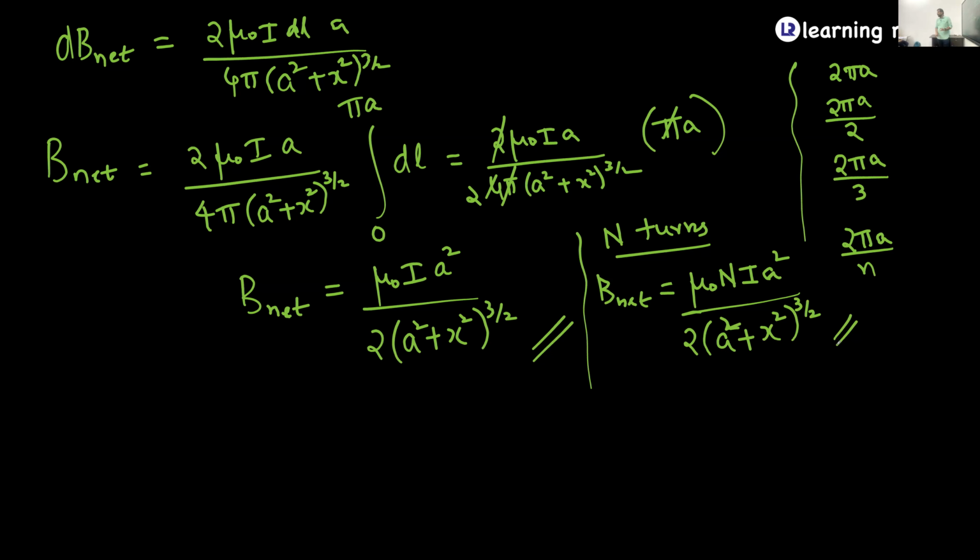So all that you need to do is multiply this expression with the number of turns. Is that clear? Since they use the word loop, it is only one turn. If they use the word coil, then they should mention the number of turns; multiply the value of magnetic field due to each loop into the number of turns. Is that clear? Make a note of this.